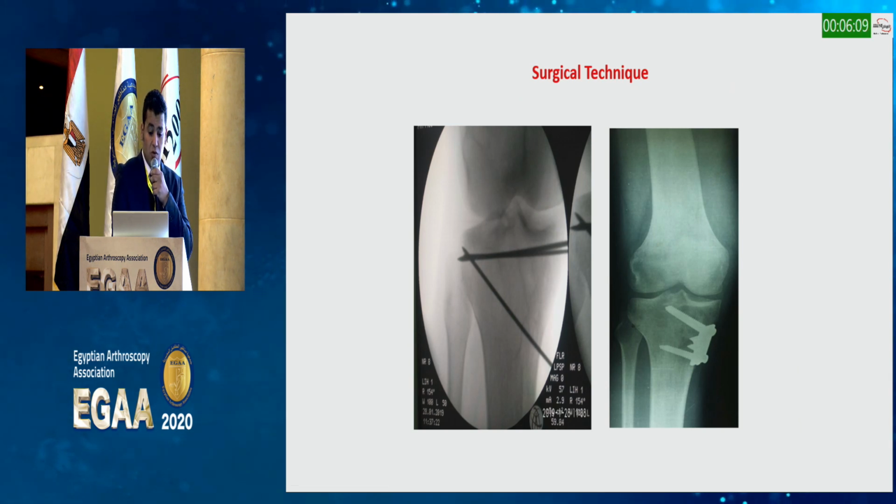And this view shows the site of the tunnel, which is away from the osteotomy site, just proximal to it. And after making the osteotomy and putting the plate, we tighten the graft by putting a biodegradable screw in the tibial tunnel.